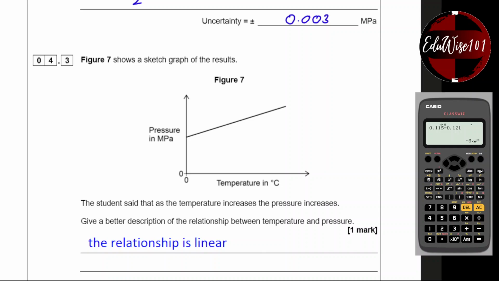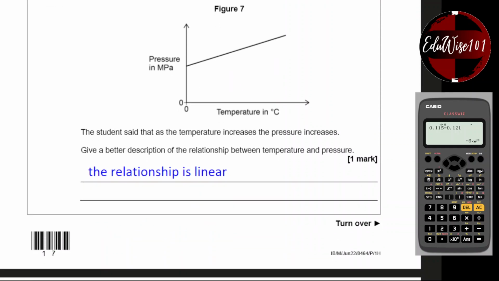The relationship is linear. If it wasn't a straight line, you could call it non-linear. If it goes from the midpoint like this, if it went like that, that would be directly proportional.